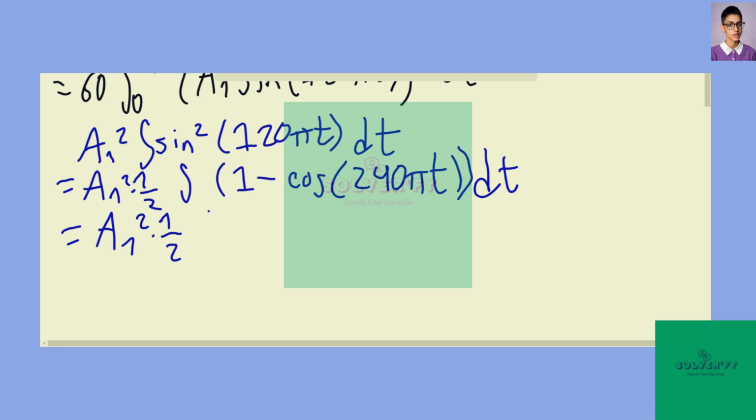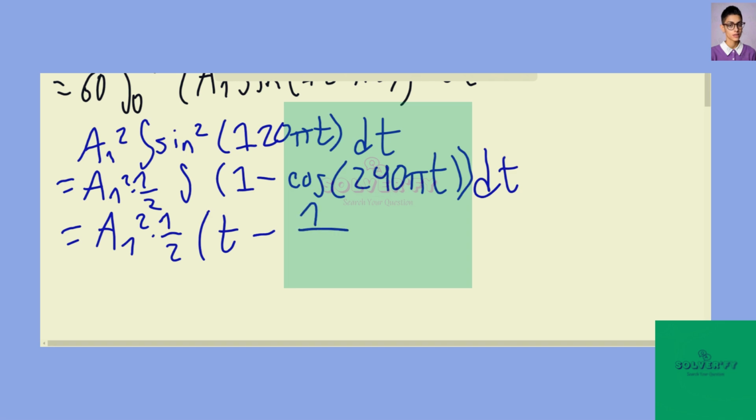So the integral of 1, that's of course just t. And then the other part, we're going to have minus, and then the integral of cos is sine, but of course you also got to make sure to divide by the constant inside there. That would be that coefficient on t, 240 pi.